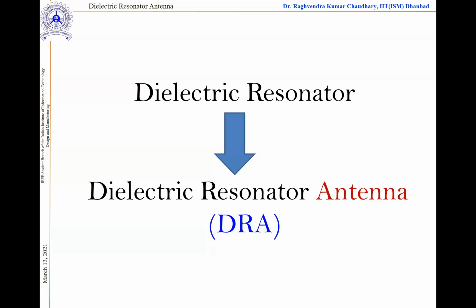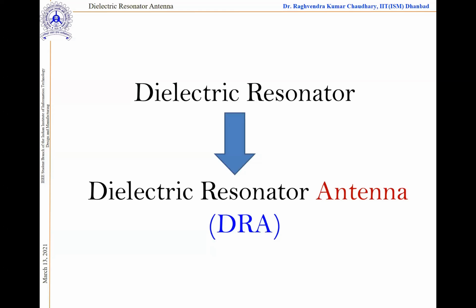So we don't have the ohmic losses, so surely we will be getting a very high efficiency. And if you see some of the research papers of the DRA, you will find that the efficiency is more than 90% or 95%. This is the reason.